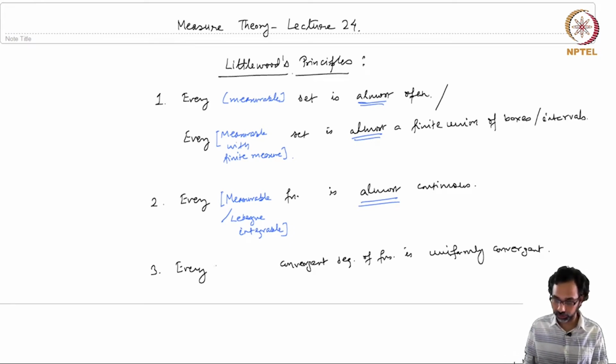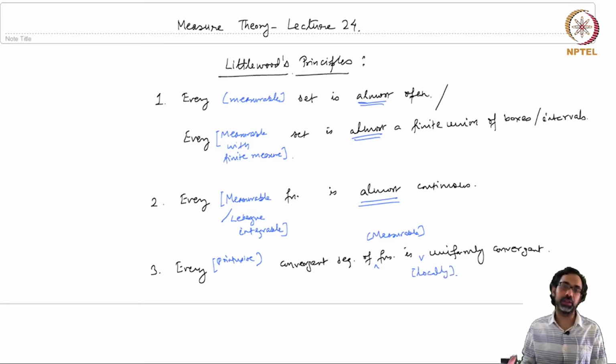Again there is a catch, which is that it should be a pointwise convergent sequence of measurable functions, and in general one can only have uniform convergence locally, which means that it will be uniformly convergent once you take the intersection with a bounded Euclidean ball.